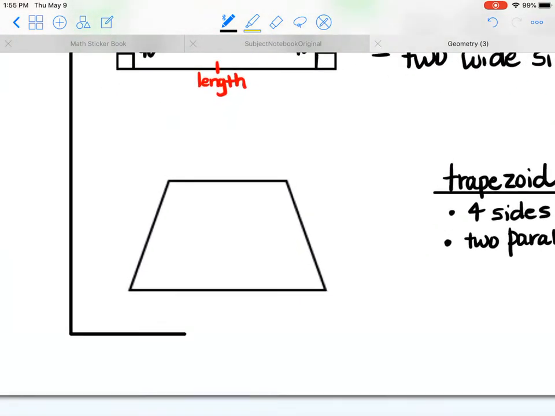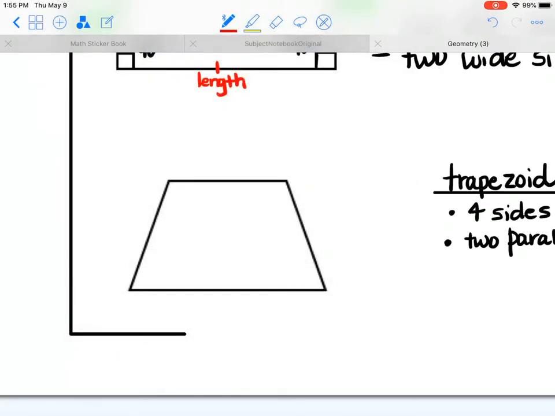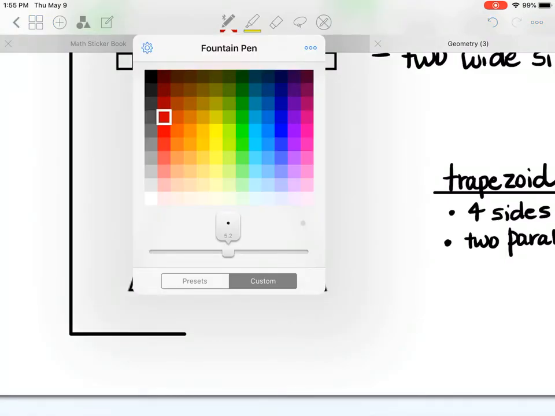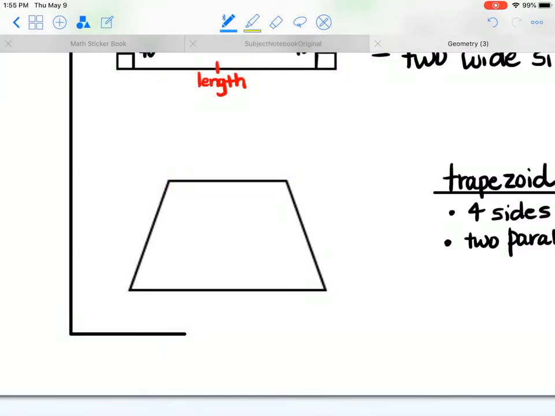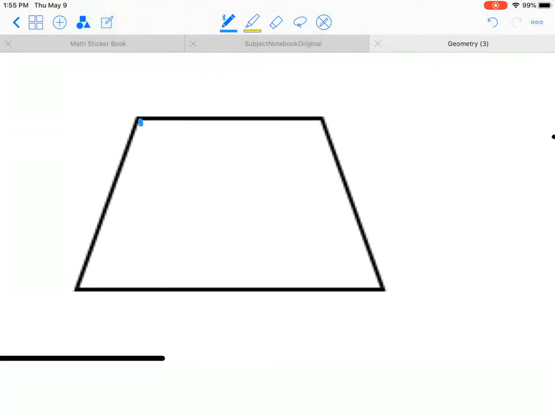Let's label this figure. The first thing I want you to do for me is to draw in a line. And let me use a different color. I don't want this to get all confused. So in this trapezoid, I want you to draw in this line. You could also draw it right here.